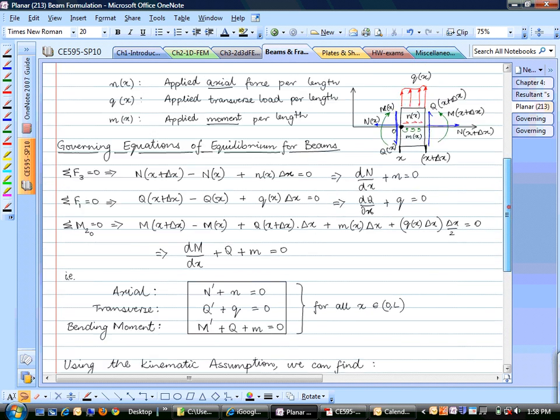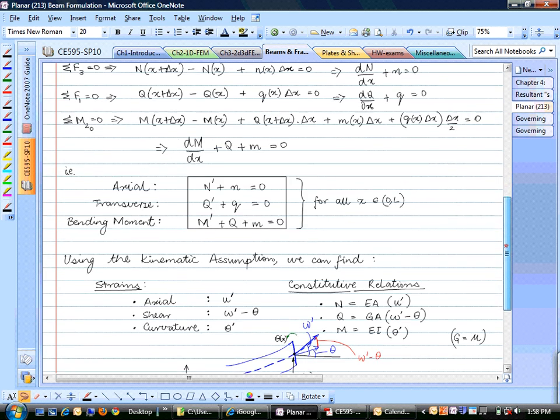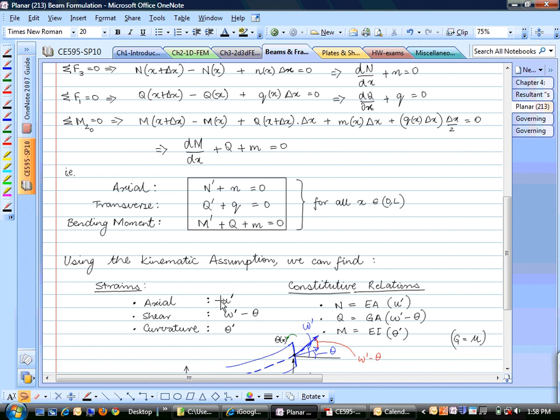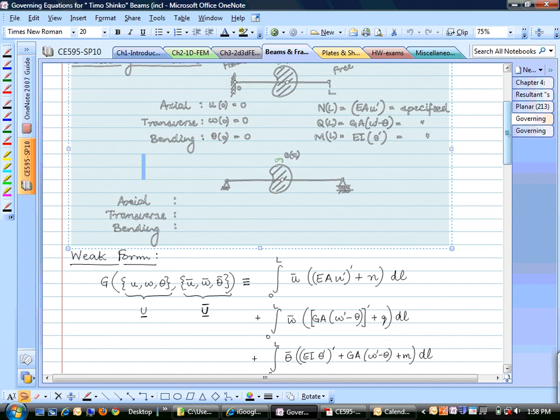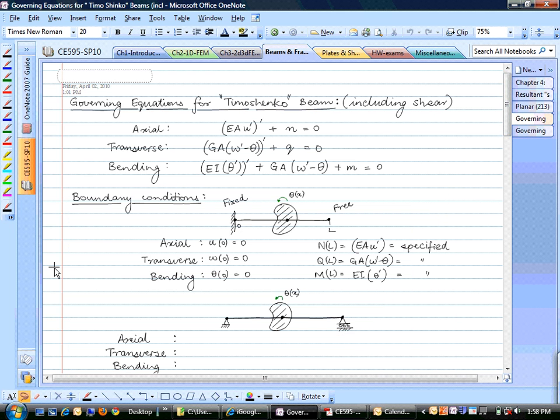All right. So right now, what we have derived is equations of equilibrium, strain displacement relationships, and material law. So what we should do next is talk about some boundary conditions. Actually, you can plug all those constitutive relationships into your equilibrium equations.